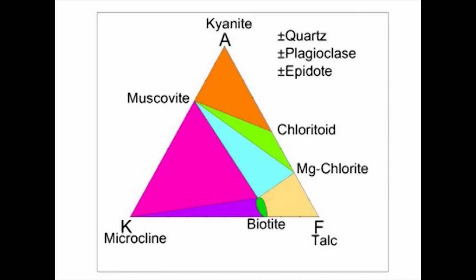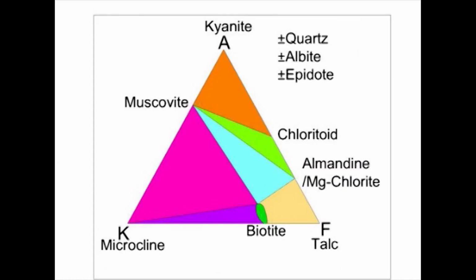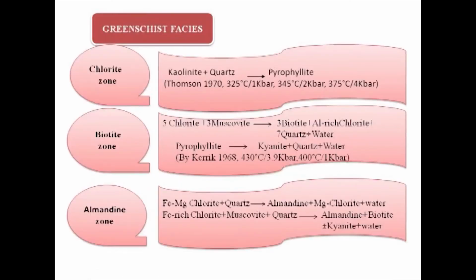The first appearance of almandine is indicated by the beginning of the almandine zone of greenschist phases. The important reactions: Fe-Mg chlorite plus quartz gives rise to almandine plus Mg chlorite plus water. Fe-rich chlorite plus muscovite plus quartz gives rise to almandine plus biotite plus or minus kyanite plus or minus water.